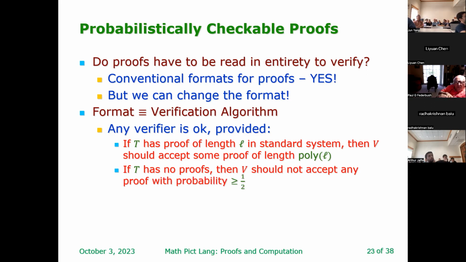And okay, now we would say you should not accept any proof, but you're doing things randomly, and somebody might even write a random string. If you're reading randomly 100 bits of the proof, somebody writes 100 random bits. If there was any way you could accept it, then there's a 2 to the minus 100 probability that you would accept this random string, because it's 100 bits and there's some binary sequence that you would accept.